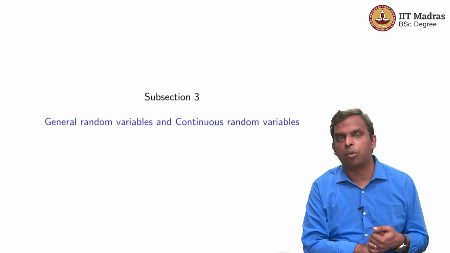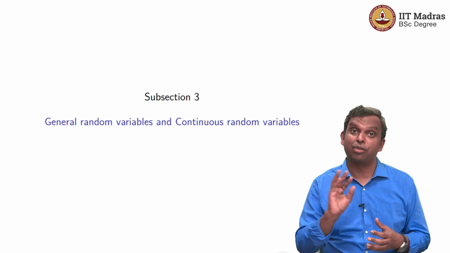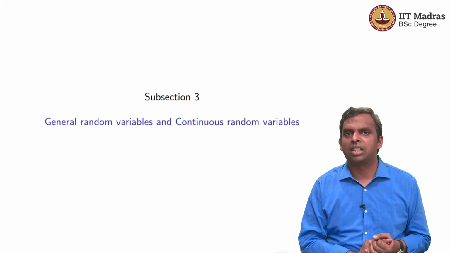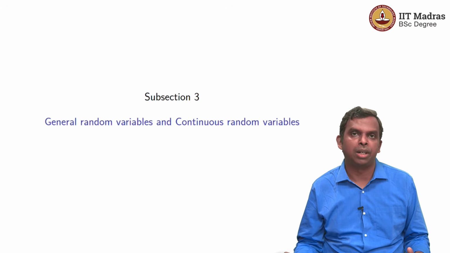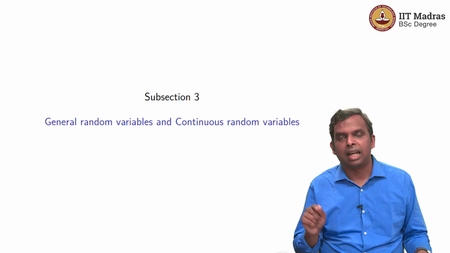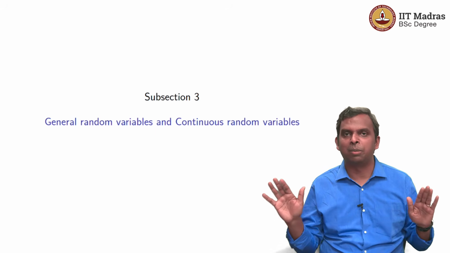Now, how did we assign probabilities to events? We eventually came to this idea of the PMF for discrete random variables, which seemed like a very easy and simple way to assign probabilities to every outcome, and that in turn gave you probabilities to every event, and we are very comfortable with that setup.